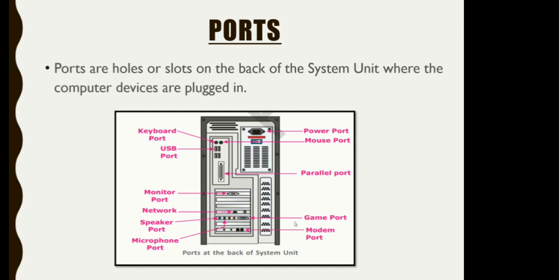As you can see, there are many ports. For keyboard, keyboard port is there. For mouse, mouse port is there. Power port, USB port, monitor port, network, speaker port, microphone port, game port and modem port. So all these ports are the holes or slots on the back of the system unit.